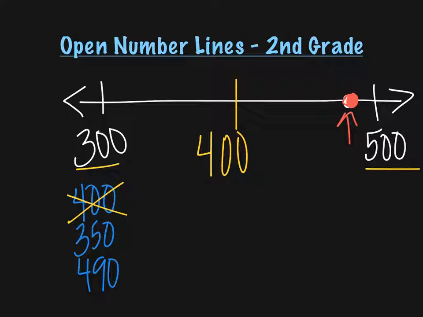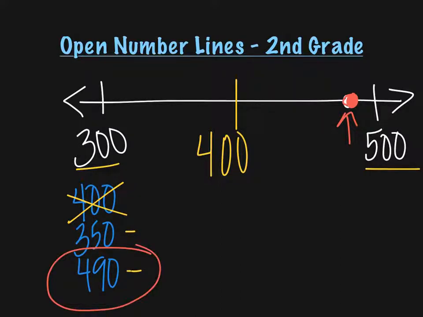Now that I figured out what my middle would be, right in the middle of this open number line, I can think very clearly, very easily, would this red dot represent 350 or 490? Good, that's right, 490.